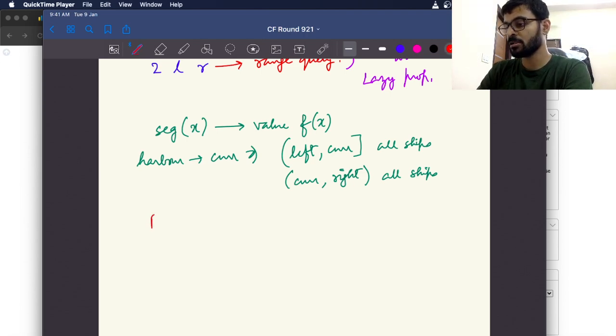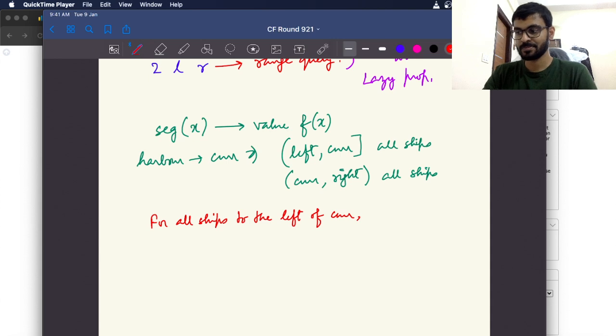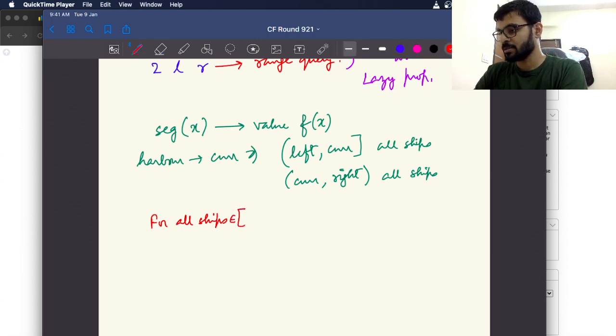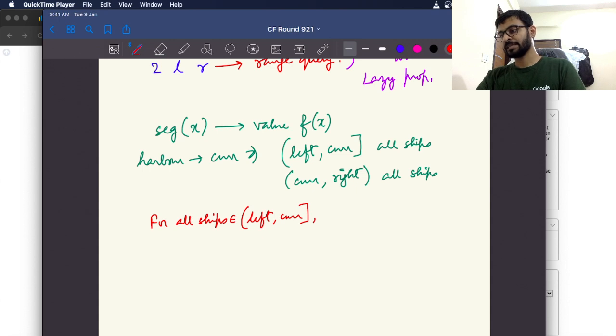For all ships to the left of car, for all the ships in this particular range, I can say that the value is going to decrease.